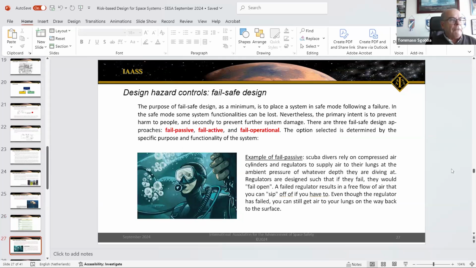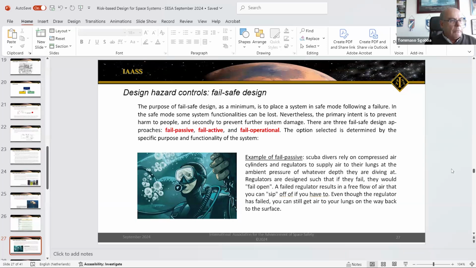The concept of a fail-safe. There are two kinds of fail-safe system that you need to understand exist. One is passive fail-safe, and the other is active fail-safe. Passive fail-safe is something that when it fails, basically the function is still there, but in a degraded version, if you want.